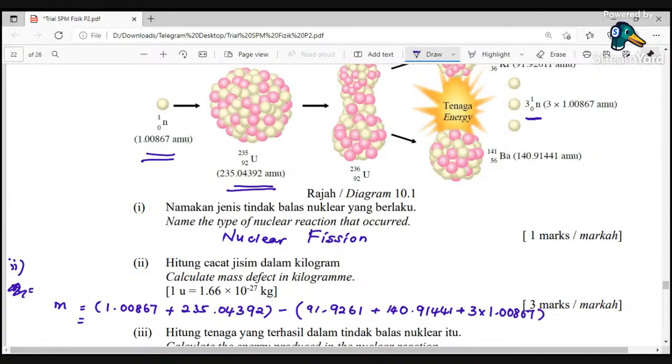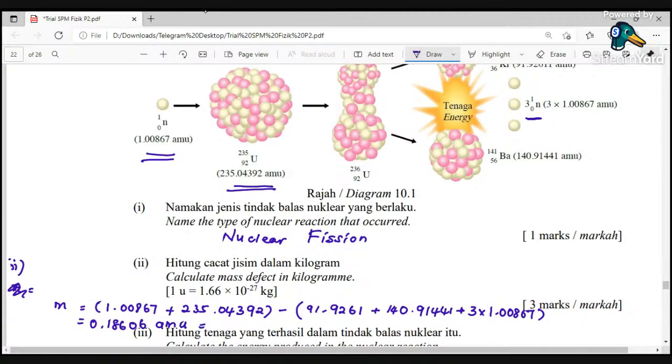Okay, you just use calculator to calculate, you will get the answer. Zero point one... This is in u.